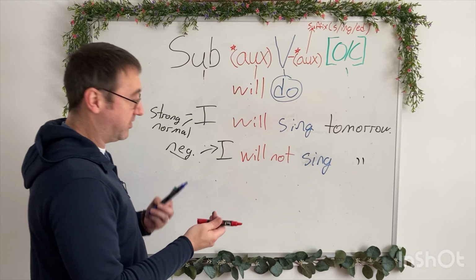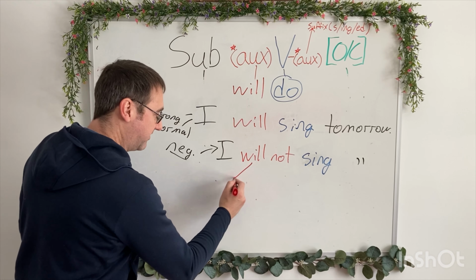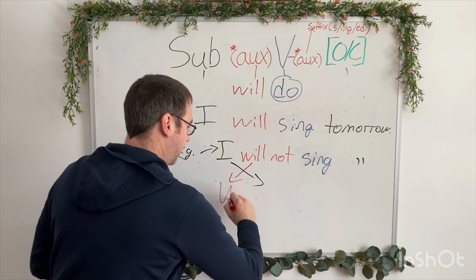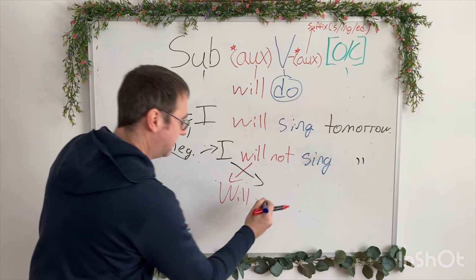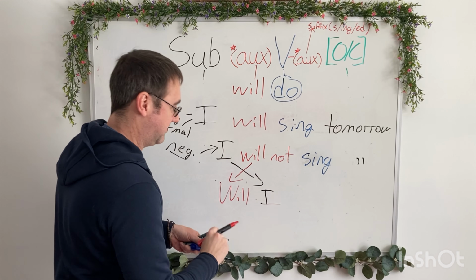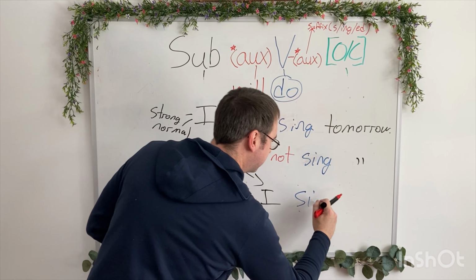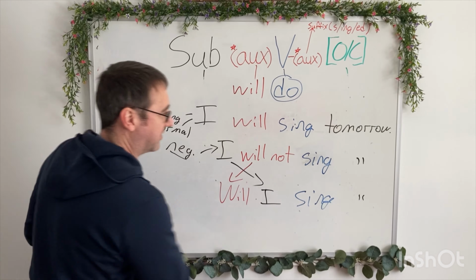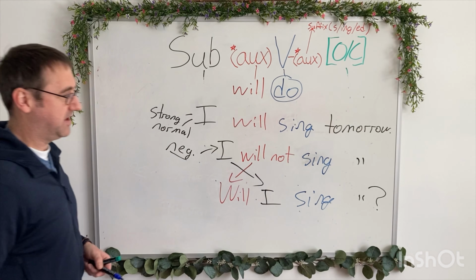And then we want to make the question. What do? We switch these two again. And we say, will I sing? And then tomorrow. And don't forget your question mark at the end, right?